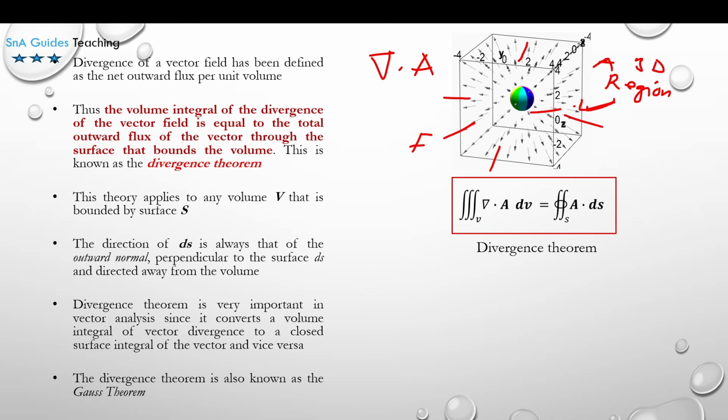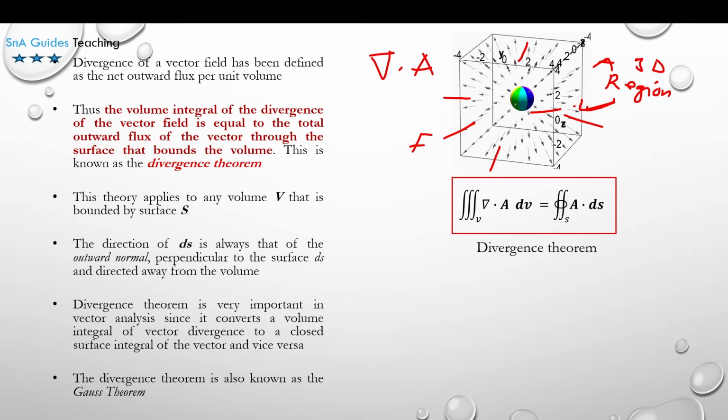The next option is, instead of working on the surface, we are going to work inside the cube. That's the volume. So we are going to calculate the divergence of the field in the region and then integrate over the volume instead, right?